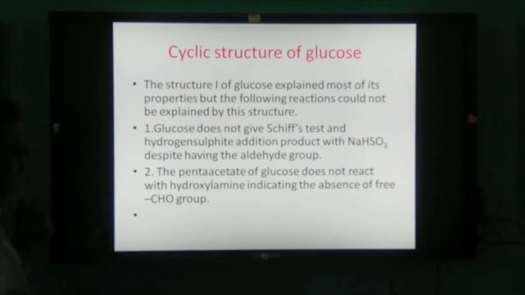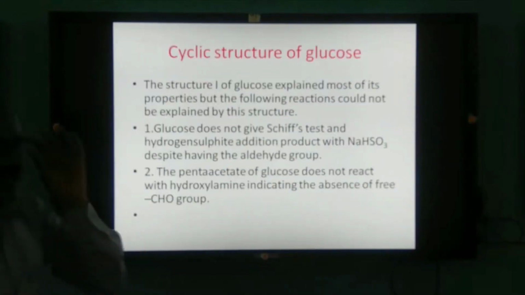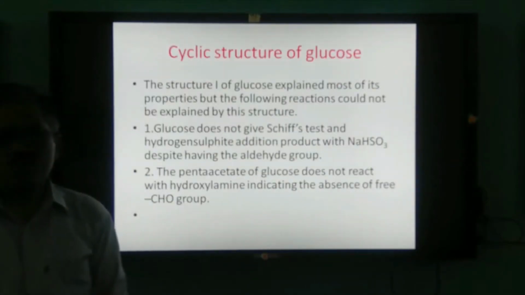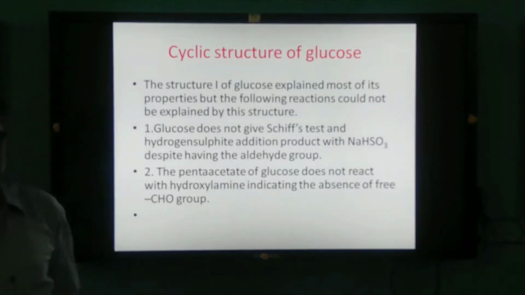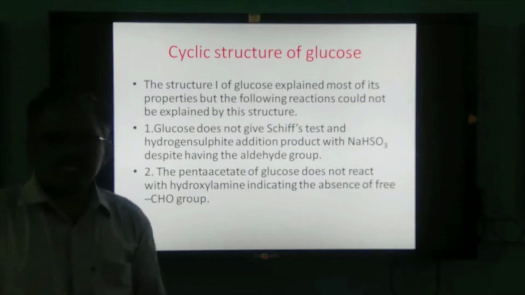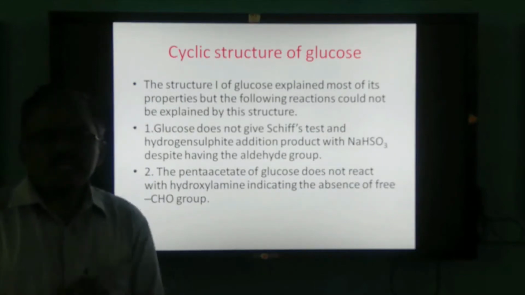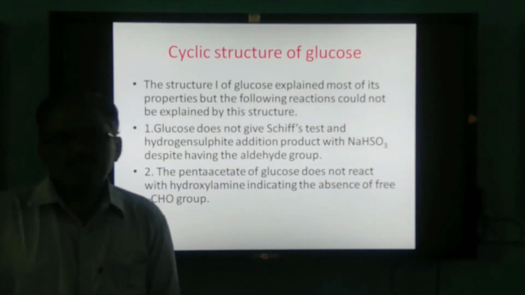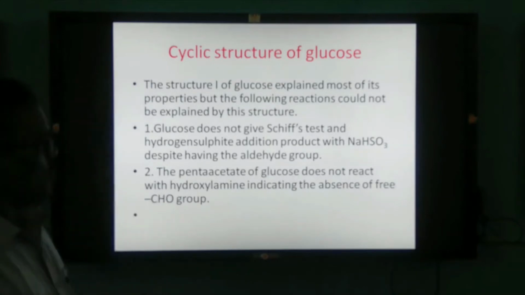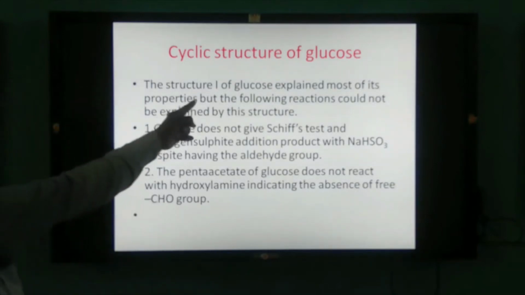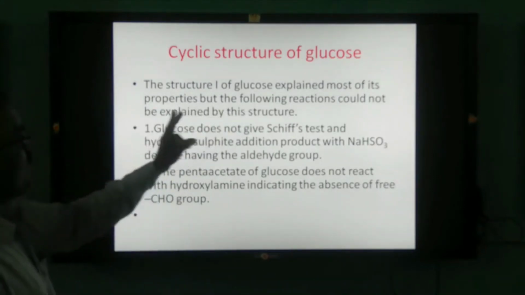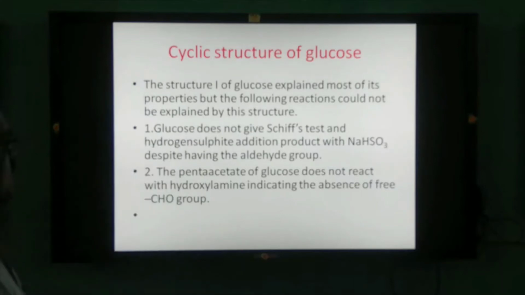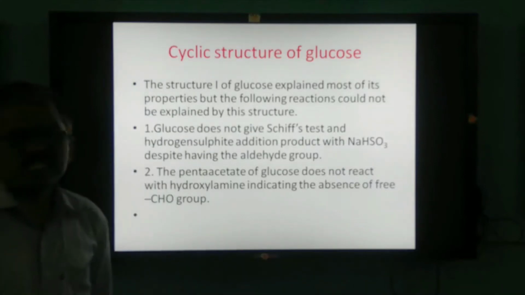Next. So now you see the cyclic structure of glucose. Though Fischer has introduced the straight chain structure, it will not respond to some of the properties of glucose. That means the structure 1 of glucose, which is proposed by Fischer, explained most of its properties, but the following reactions could not be explained by this straight chain structure.